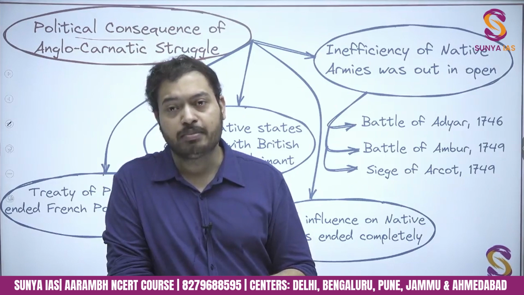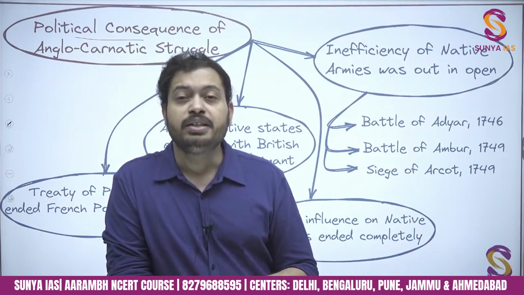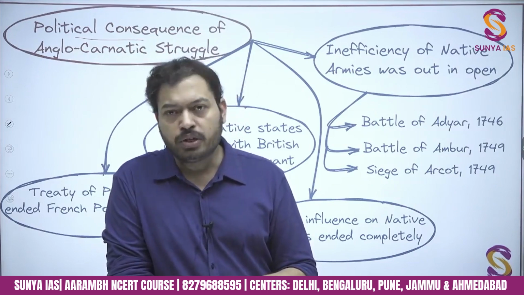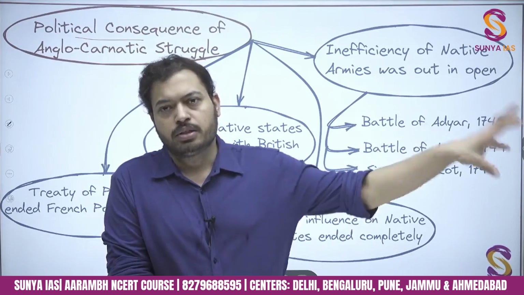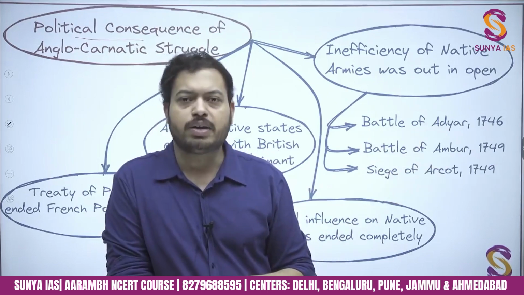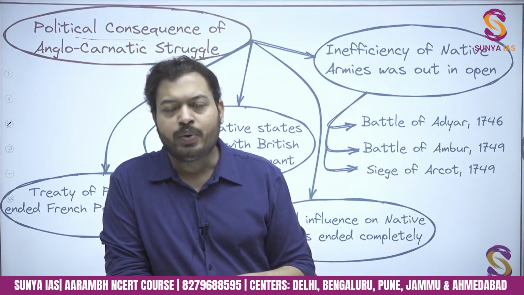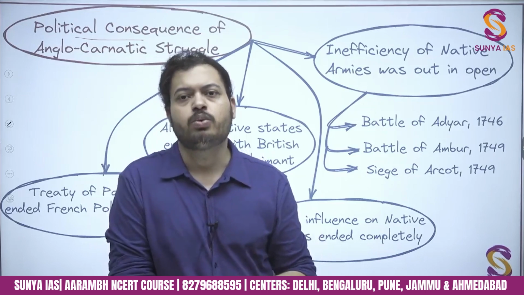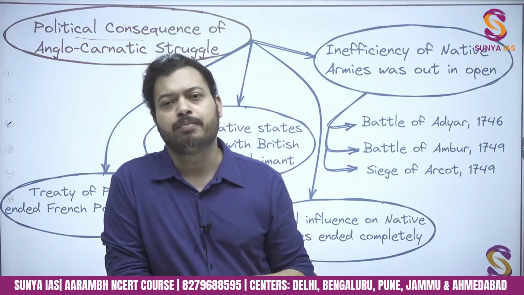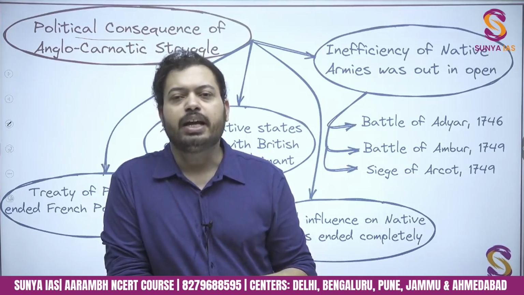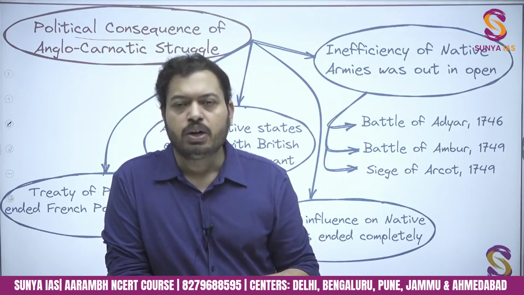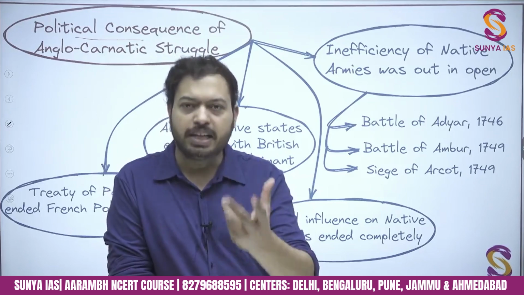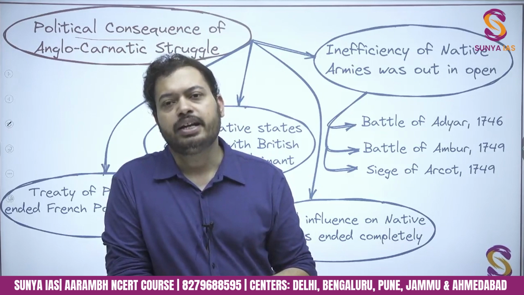That is the inability of the native rulers. When the native rulers, the Carnatic Sultanate, the Nawab of Arcot, were not able to win against a European company which didn't even have 1,000 people with them, what did it show? The inability of the fighting spirit among the Indian men, or the inexpertise of the Indian native armies.